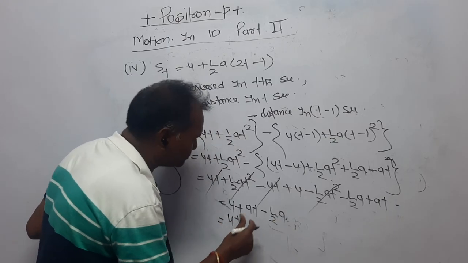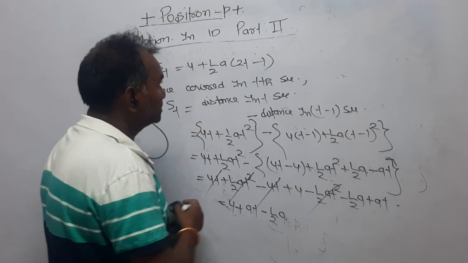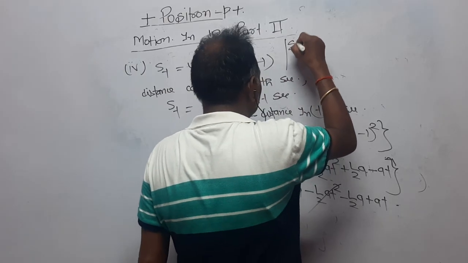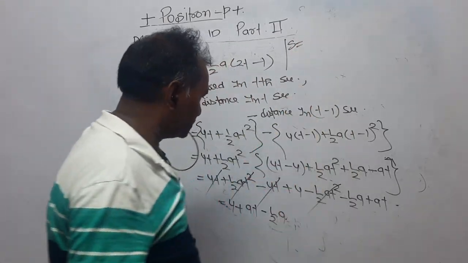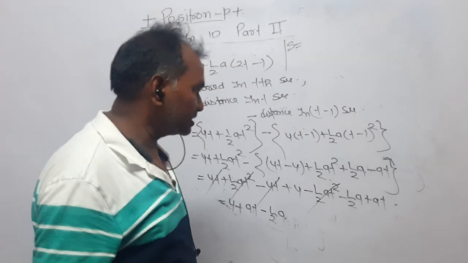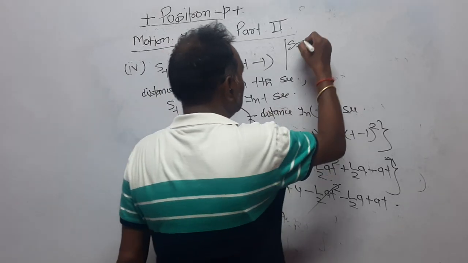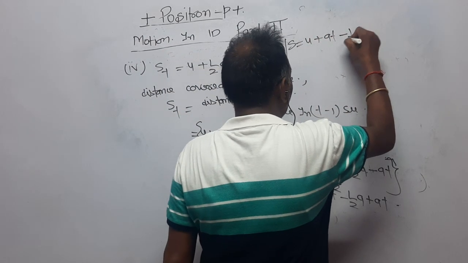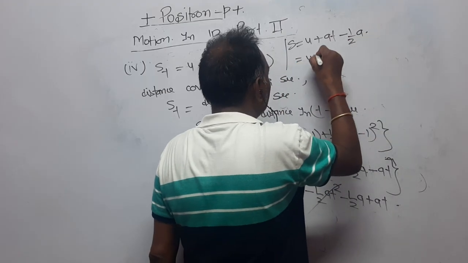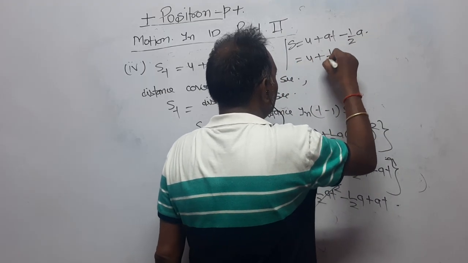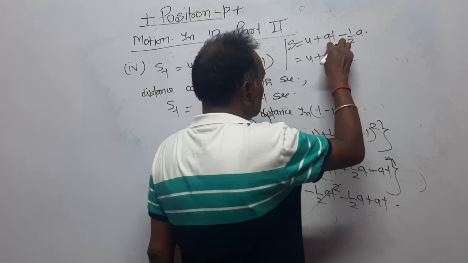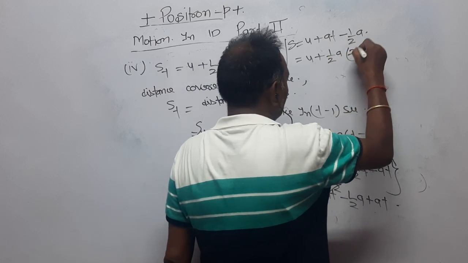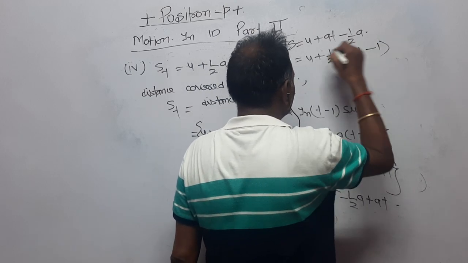So you have got s equal to, writing here, probably it might not be appearing in camera, s equal to u plus at minus half a, that is u plus half a taken out. So a is out, but it will become 2t minus 1.